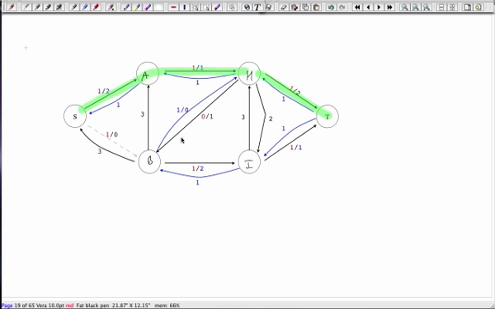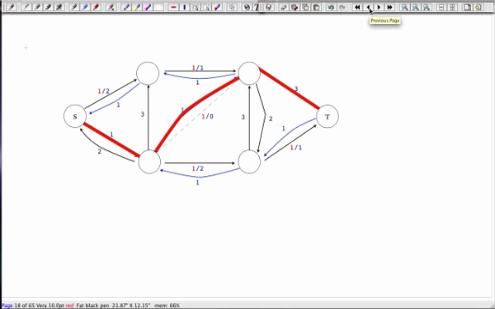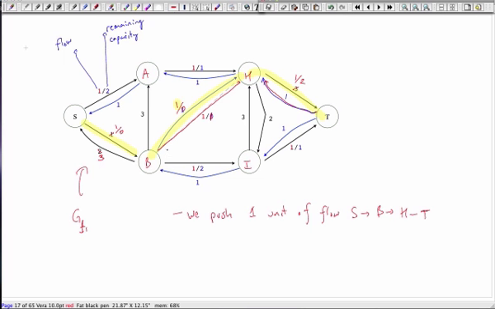So in this slide or the previous? Okay. In the previous, why did I well, because look at what I'm pushing. I'm pushing from S to B to H to I to T. So since I'm pushing flow across B to H, I have to add a residual.